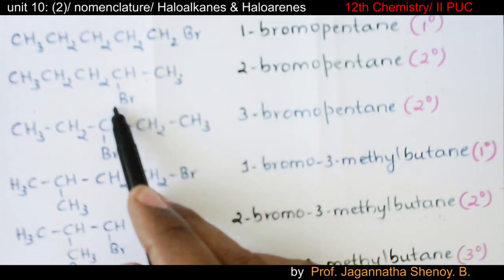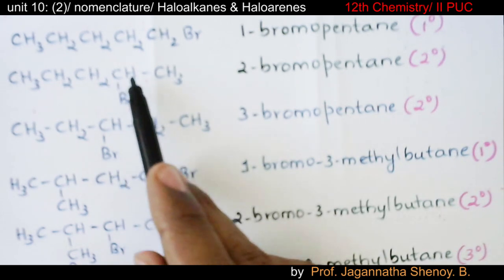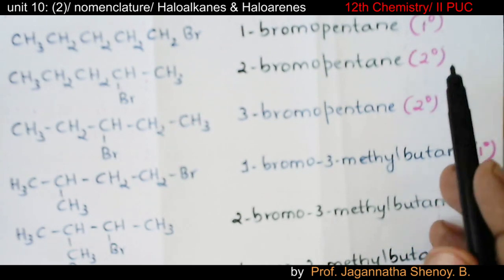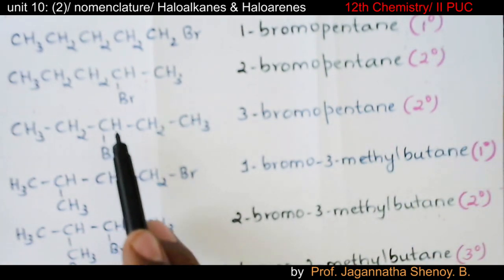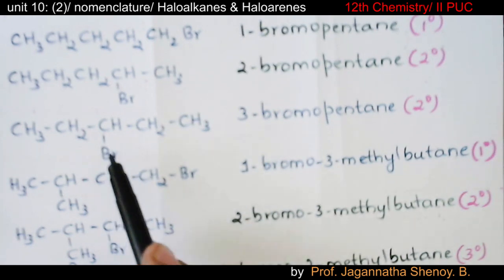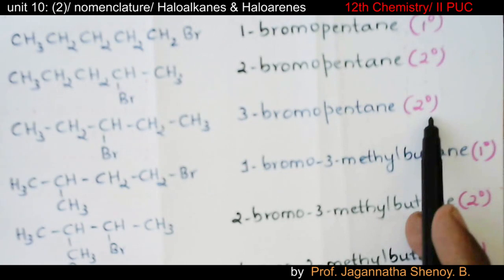So I call it 2-bromopentane, and this carbon with bromine has only 1 hydrogen. That's why it's a secondary alkyl halide. Again, here the bromine atom is shifted to the third carbon atom, right? 3-bromopentane, again a secondary alkyl halide.